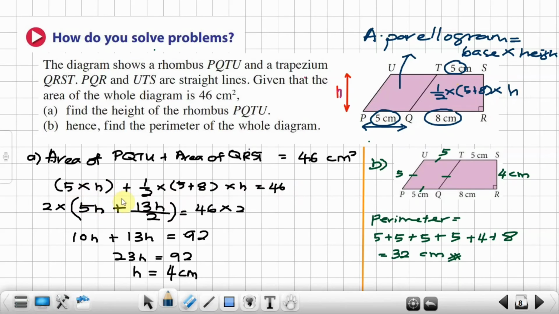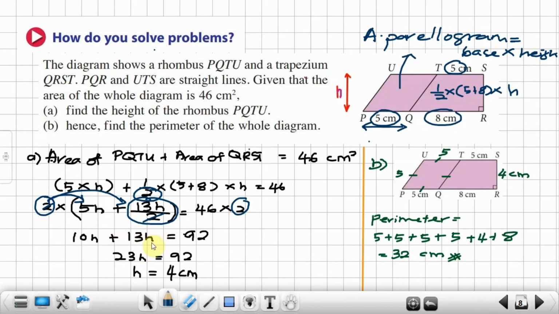So now what do I do? Because I see there is a half here, to get rid of it, I need to multiply both sides by 2. 2 times 5h is 10h, plus 2 times 13h over 2 is equal to 13h, because 2 divided by 2 is 1.